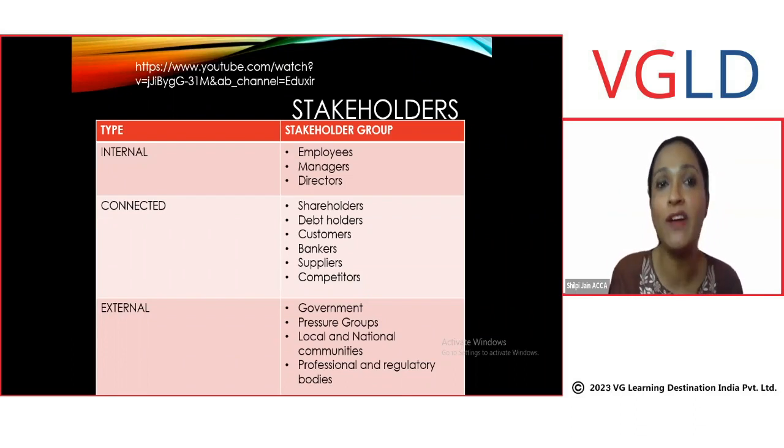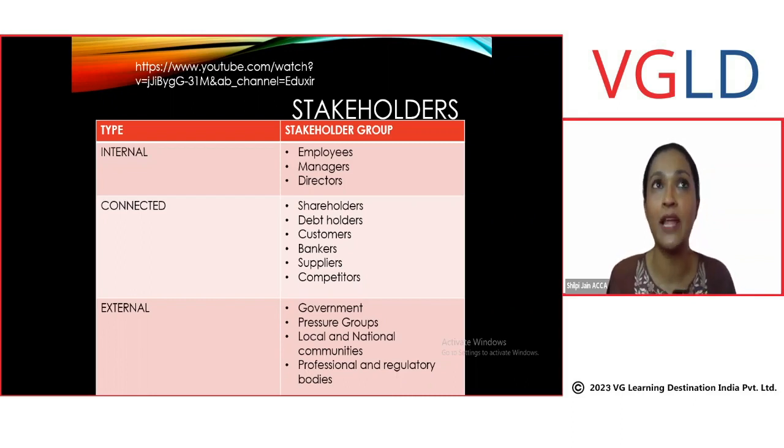But first, now it's very clear that an organization is certainly more than its shareholders, right? There are people who are connected with the organization. There are people who are internal to the organization. So there are a group of stakeholders who are internal to the organization, like the employees, the directors, the managers of the organization. They are working from within the organization.